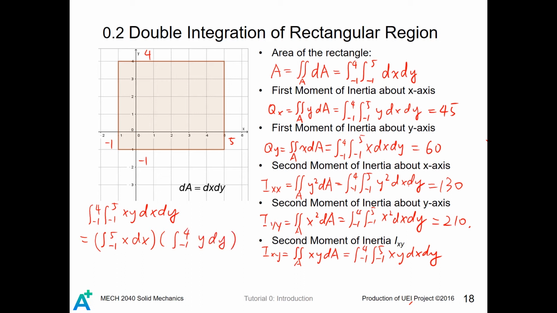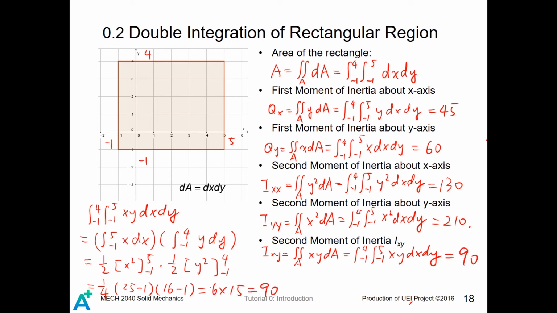Okay. Then it will become 1/2 x squared from -1 to 5 times 1/2 y squared from -1 to 4, which equals 1/4 times (25 minus 1) times (16 minus 1), which equals 6 times 15 equals 90. So the product moment of inertia Ixy about the origin is 90.